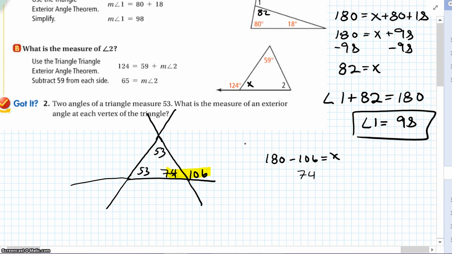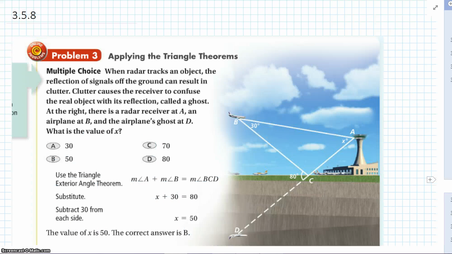What's 74 plus 53? It equals 127. So that one's 127. This one's 127, this one's 127, and this one's 106. All right, does everybody see how we got that?